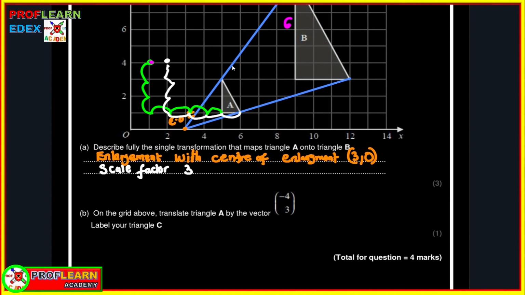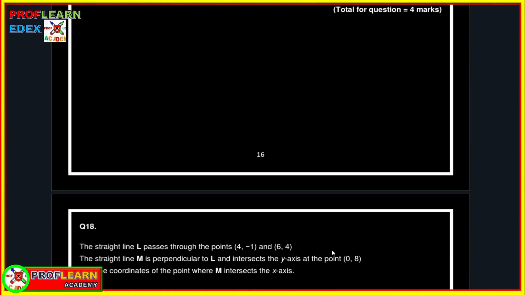We'll be there. Then we join all the points. This becomes our image, and we were supposed to label it as C.